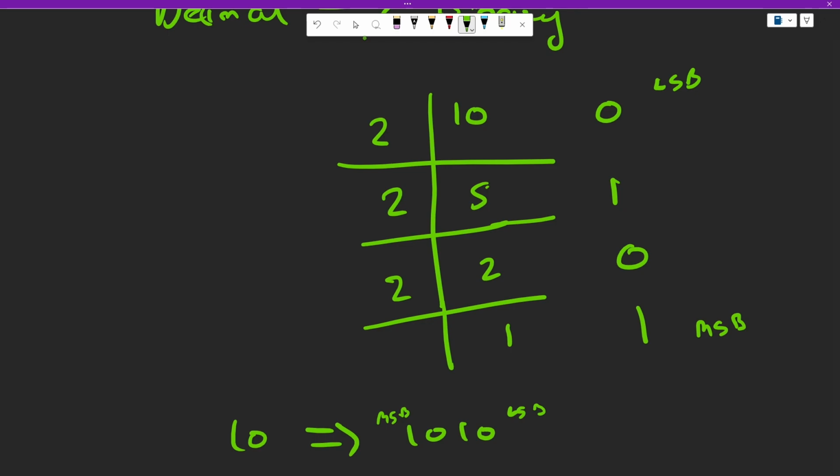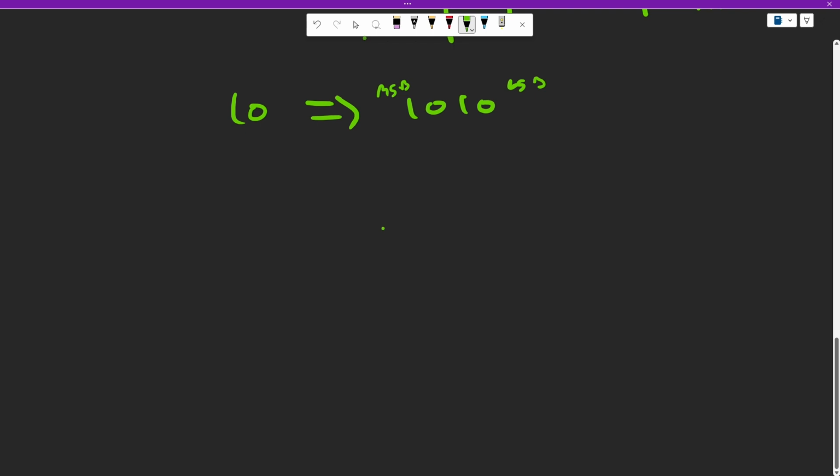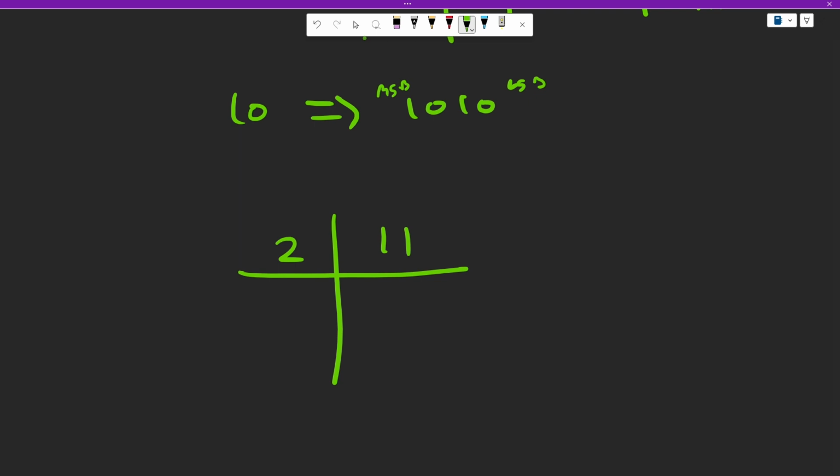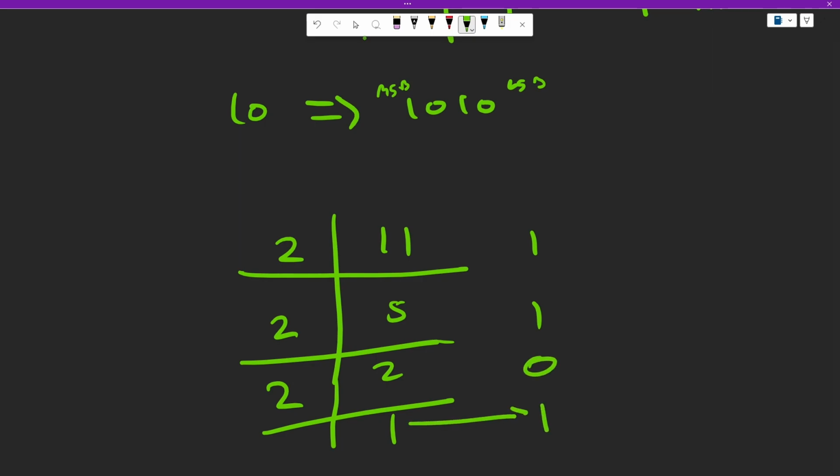Okay, so this is how we convert decimal to binary. Let's take another example. Let's take 11 here, and divide it by 2. 2 fives are 10, and 1 is the remainder. 2 twos are 4, 1 is the remainder. Then again 2 ones are 2, and 0 is the remainder, and then we have this 1 here.